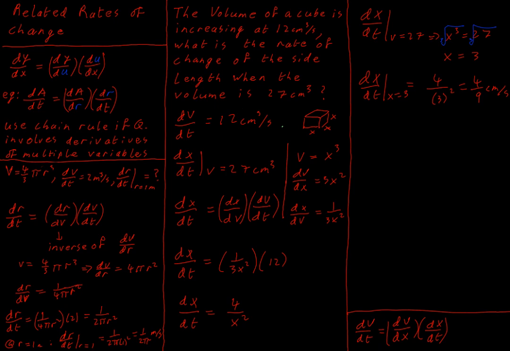Shapes are big on this because we need formulas like this where we have the volume or the surface area or the area changing with respect to one variable, and how is it also going to change in time. That's the type of thing we will often use for related rates of change. And that is what we need for now.